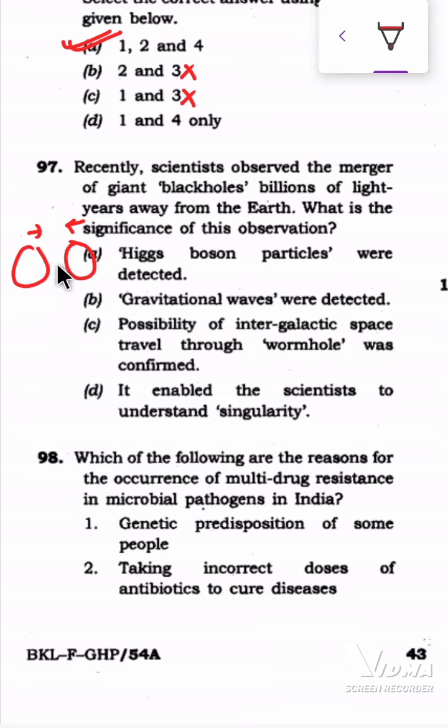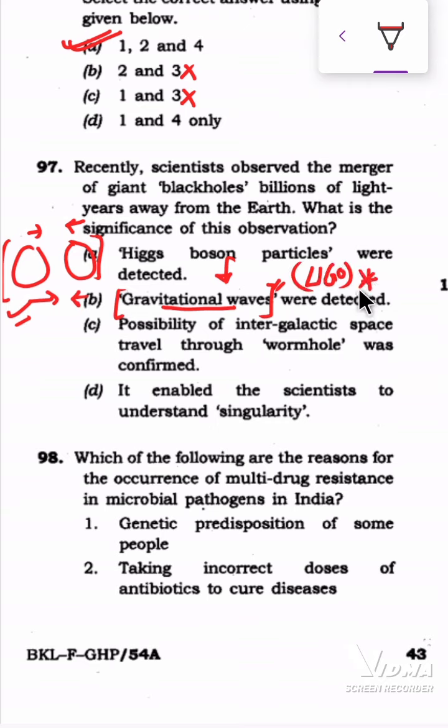Their encounter with each other produces gravitational waves, and these gravitational waves produced by the collision of two very heavy black holes have also been experimentally recorded via the LIGO experiment.